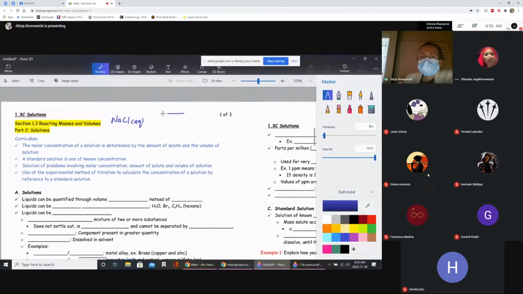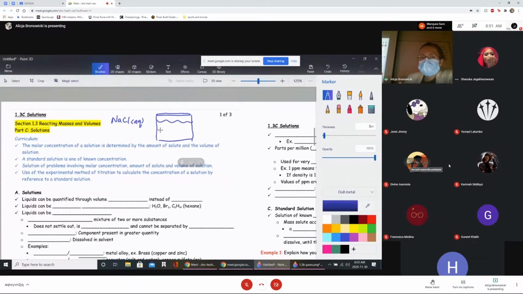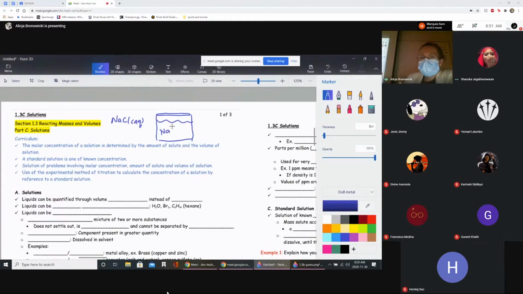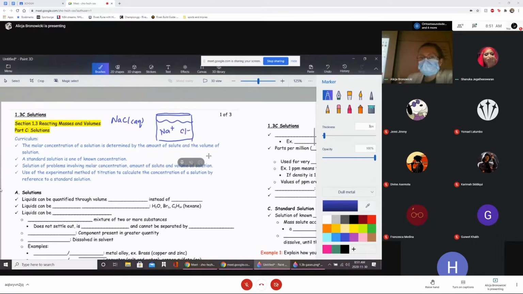So what you basically have is water, and this aq means NaCl has become its ions in the water. Okay, so that's what we're talking about for the most part when we're talking about things being dissolved. When it's an ionic compound, it means that it's in the water and it's in its ions.